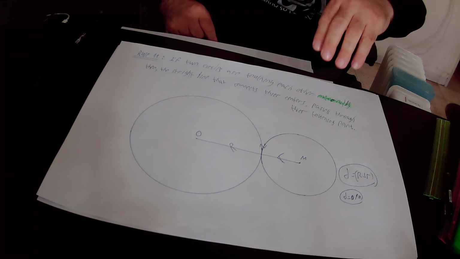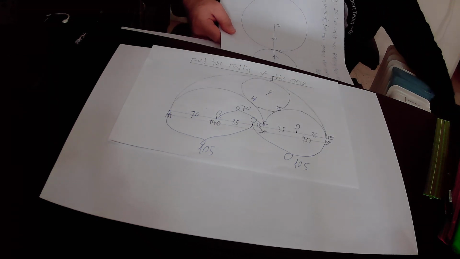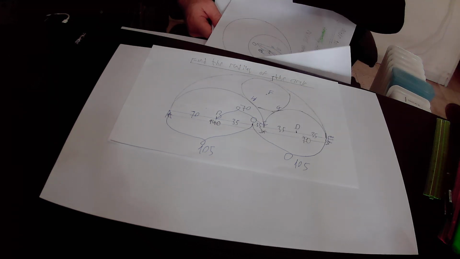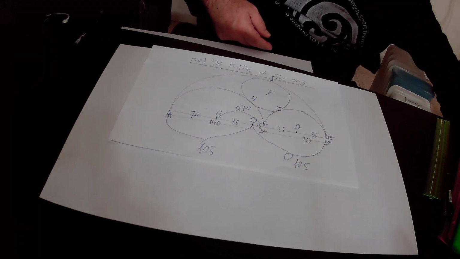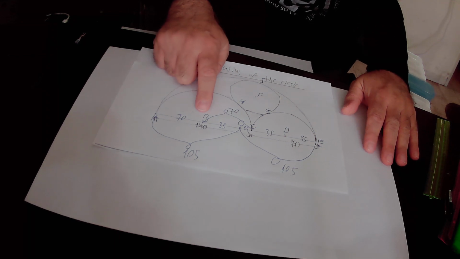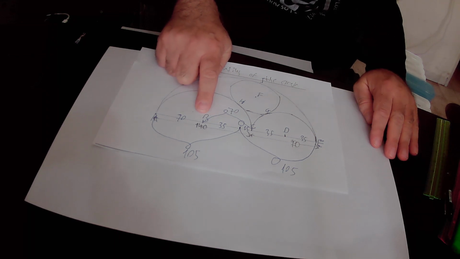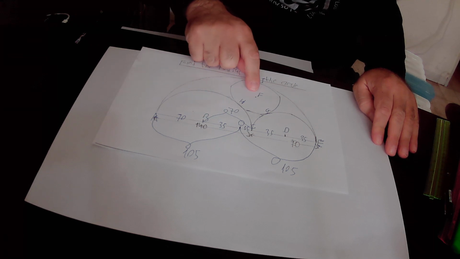Okay, so we can actually implement the two new rules in our drawing. In our drawing, point B is the center of this semicircle. Point F is the center of this circle.